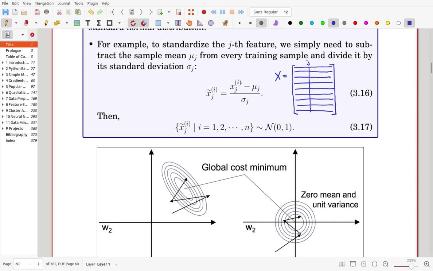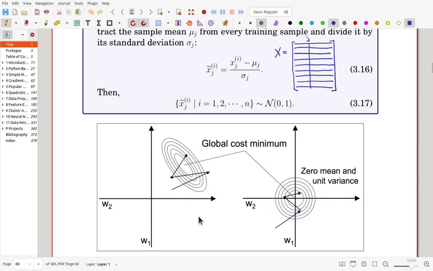Now, column by column, we compute the mean and standard deviation and apply this operation. Then the effect is like this.